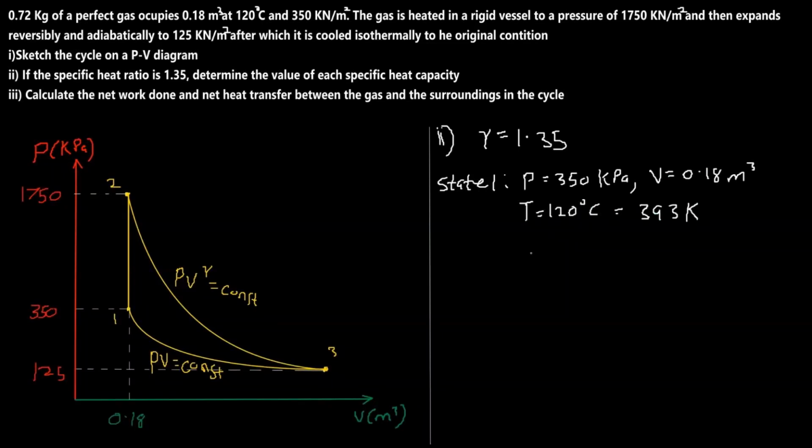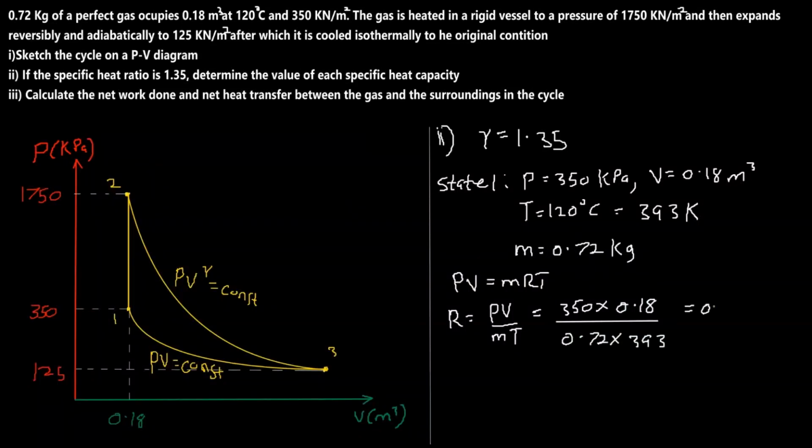We were also given the mass of the gas as 0.72 kilograms. So using the ideal gas equation, PV equals mRT, we can write R as PV divided by mT. And substituting our values, we obtain R as 0.223 kilojoules per kg Kelvin.